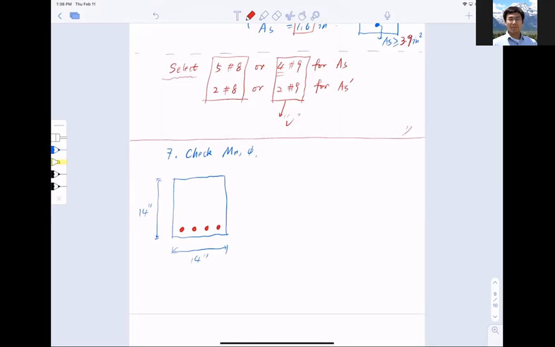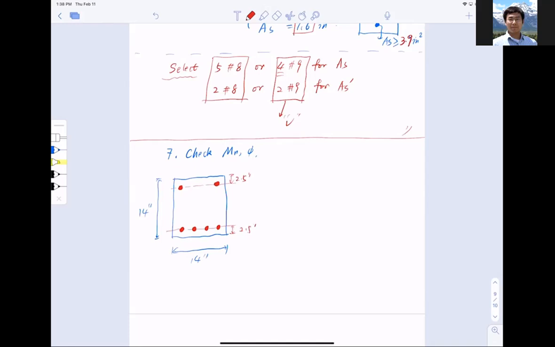My theory is that it will work. And then I have 2 number 9 bars at the top. Regardless of the arrangement, I have a cover of 2.5 inch, and assuming it's one layer, I can recalculate the section.